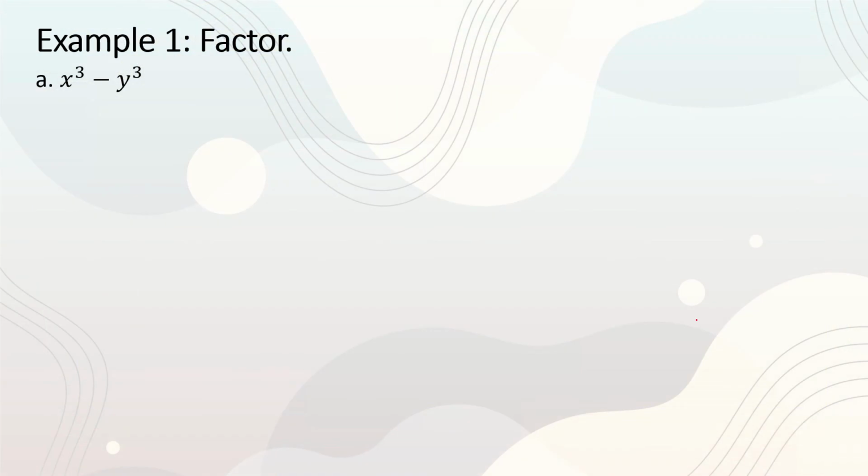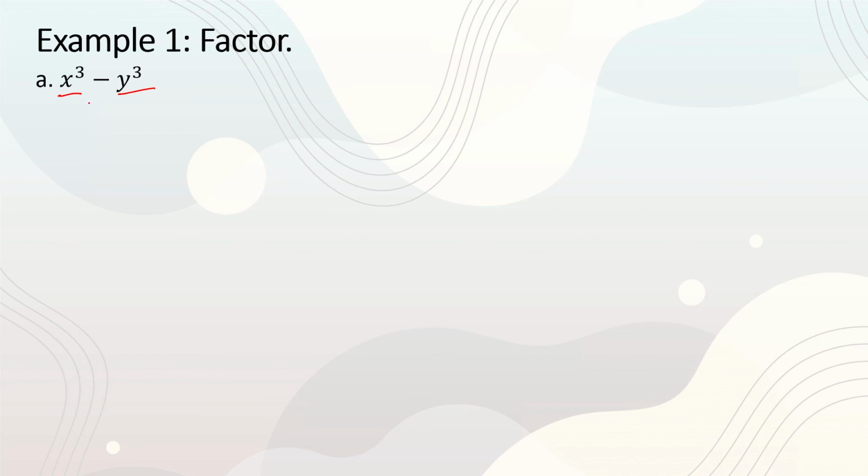Let's have an example. We have here x cubed minus y cubed. The first step is always to check whether there is a GCF, but there's no GCF. So we will proceed to the second step. Do we have two terms? Yes, the first term is x cubed, the second term is y cubed.